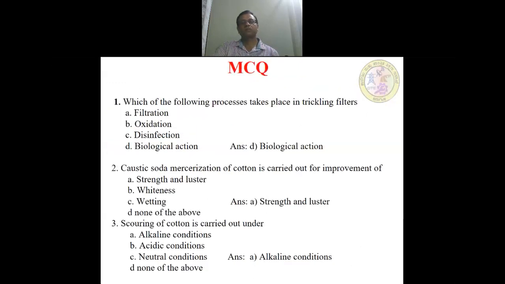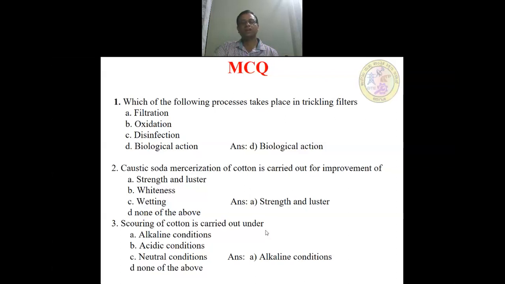Here are some MCQs. Which of the following processes takes place in trickling filters? It is a biological action where organic substances are removed. Caustic soda: mercerization of cotton is carried out to improve strength and luster, so caustic soda gives strength as well as shine to the fibers.